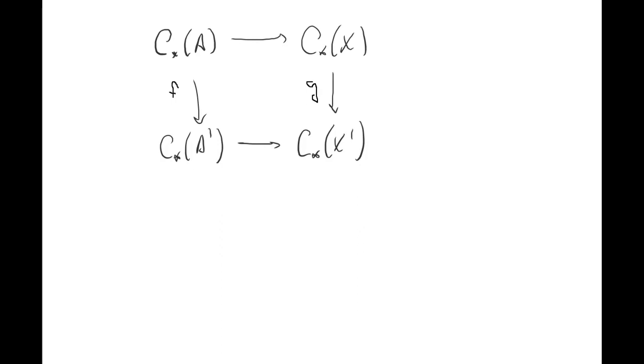Well, the first thing I want is for you to explain to me how the Mayer-Vietoris sequence works. So we have a space X. Now I want to write down the Mayer-Vietoris sequence. What should I do?